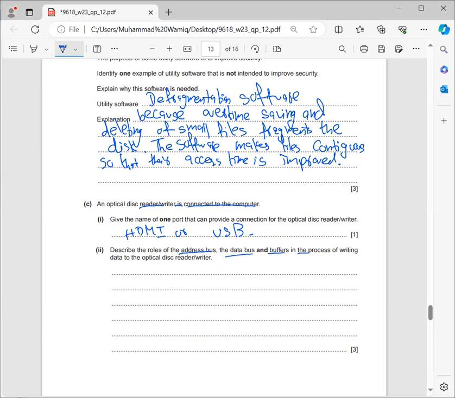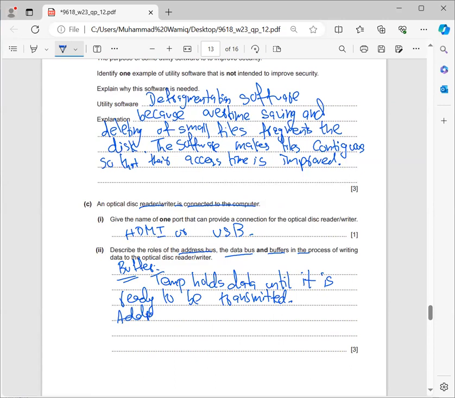writing data to the disk. So first of all, a buffer temporarily holds data until it is ready to be transmitted.